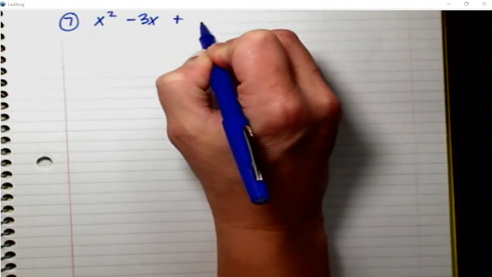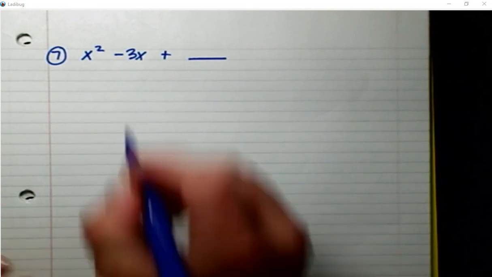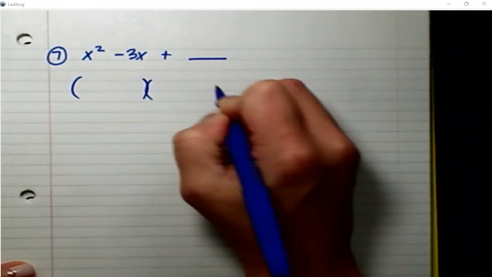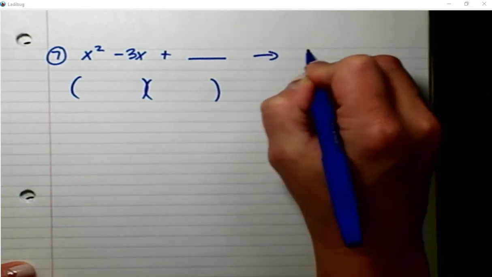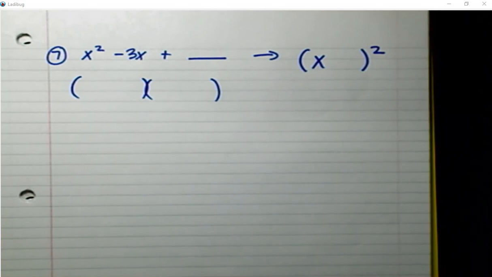All right, so 7. Just 2. X squared minus 3x plus what? Ooh, fractions. You can do it. I still need to make this a perfect square trinomial.